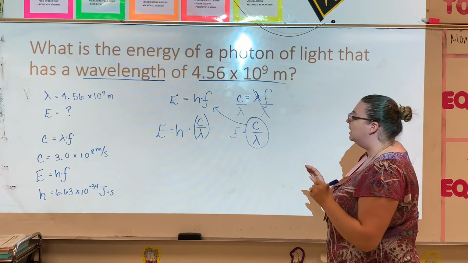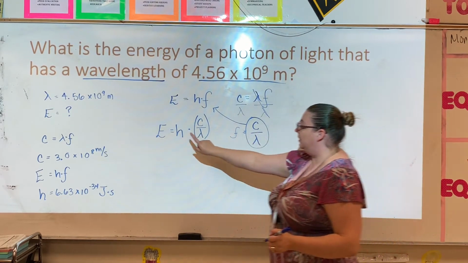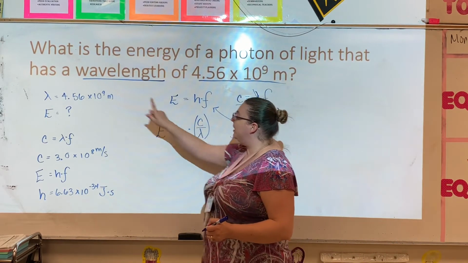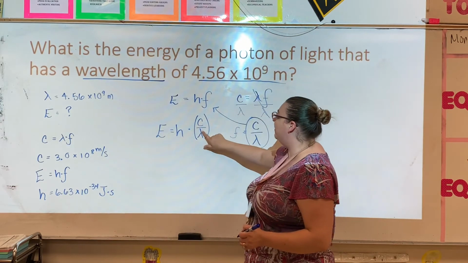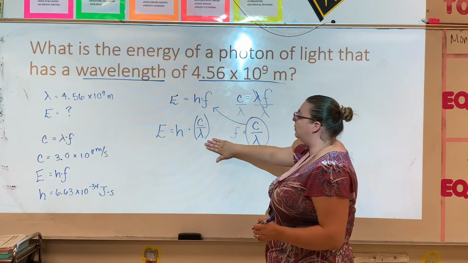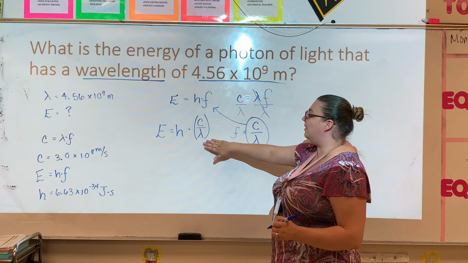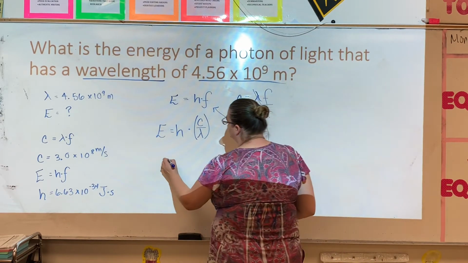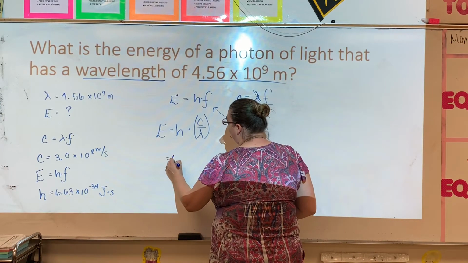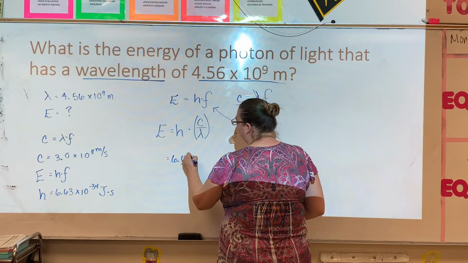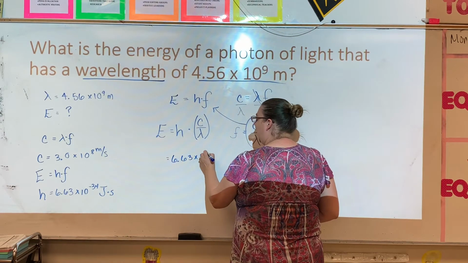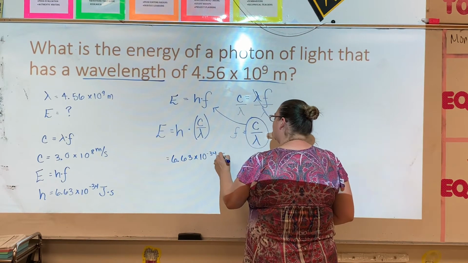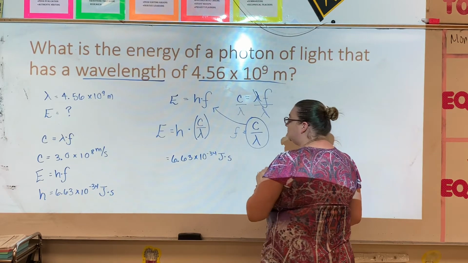Now, I have Planck's constant, I have the speed of light, and I have the wavelength. So once I have this equation, I can then go ahead and substitute in my values. So for Planck's constant, I have 6.63 times 10 to the negative 34th joules seconds. Remember, we must put our unit.